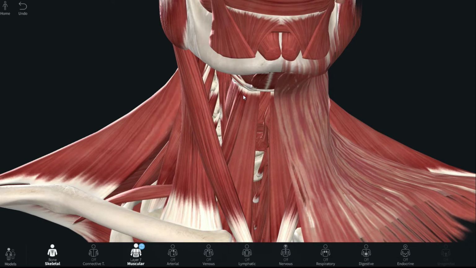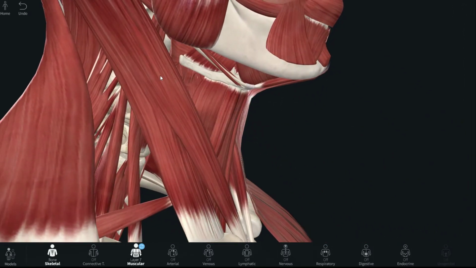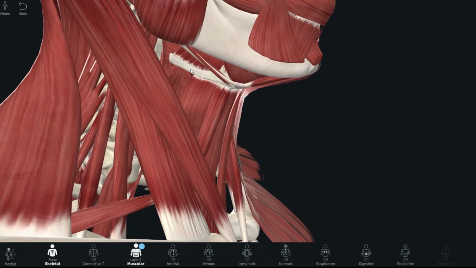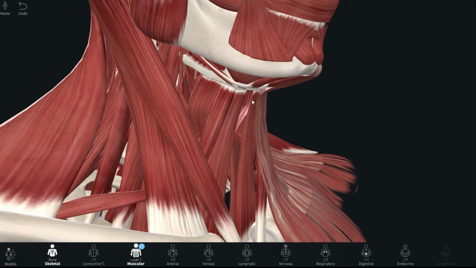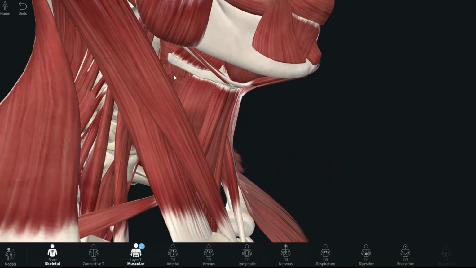Anyway, the middle part of sternocleidomastoid, as you can see, is pretty much at the same level as the thyroid gland. If that wouldn't be an overstatement to make, I think that's the correct thing to say. But at least for remembering purposes, you can remember that the thyroid gland almost lies at the same level as the middle third of the sternocleidomastoid, right?